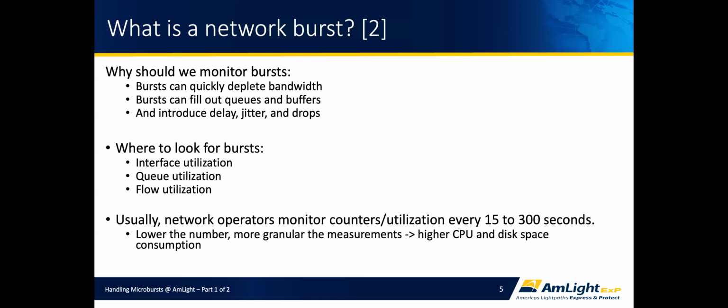I would say 15 or 100 seconds is pretty good for this. But the number to keep in mind is, the lower the number, the more granular the measurement. So it makes it easy to see the burst and to understand when it started and what the size of it was. But again, the lower the number, the higher the CPU utilization and disk space consumption. So you always have to find the balance of those.